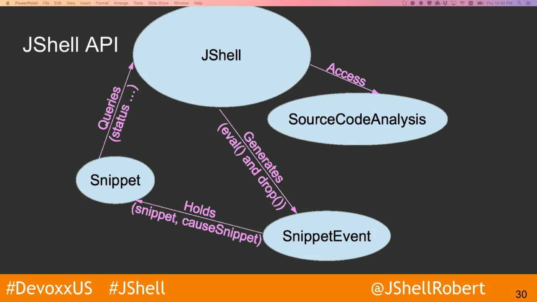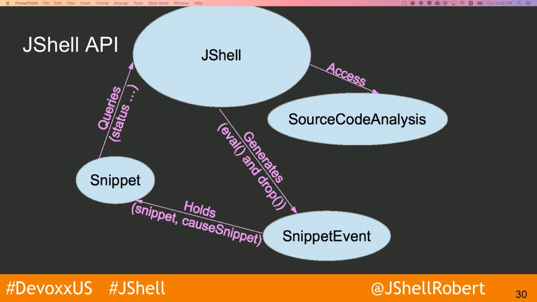Okay, a really 20,000-foot view of the JShell API. You get a JShell instance, and once you have a JShell instance, you ask it to evaluate a string, which is a snippet of code. That produces a list of snippet events.